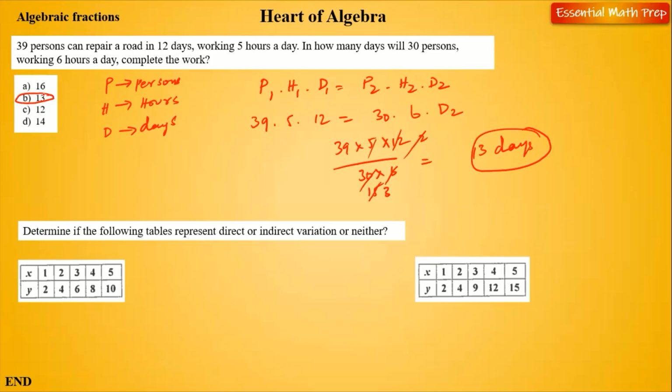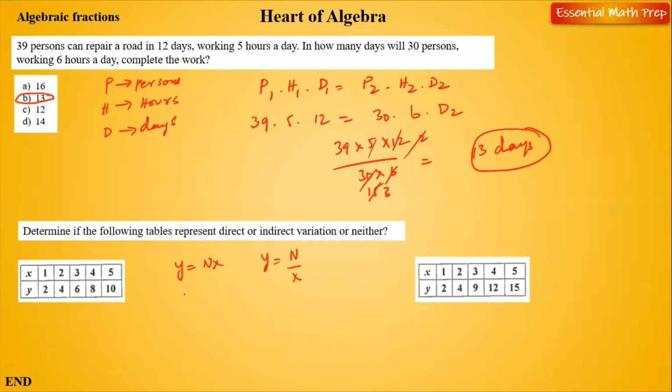Okay. And this is the last problem in this video. Determine if the following tables represent direct variation, indirect variation, or neither. One way to do it would be assuming y equals nx or y equals n over x, where n is some constant.